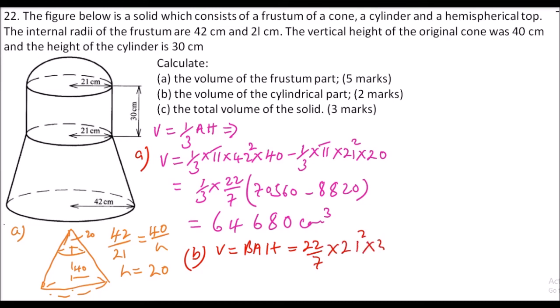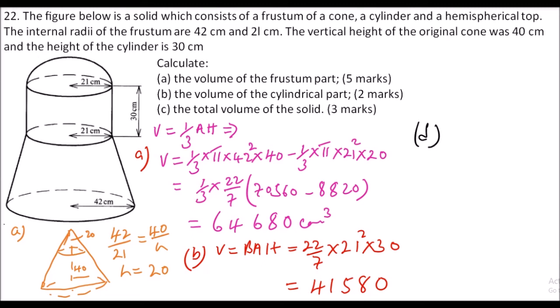You multiply by 30, and that should give you the volume. When you compute that, you get 41,580. And then finally you are required to get the total volume, so you just add the volumes.